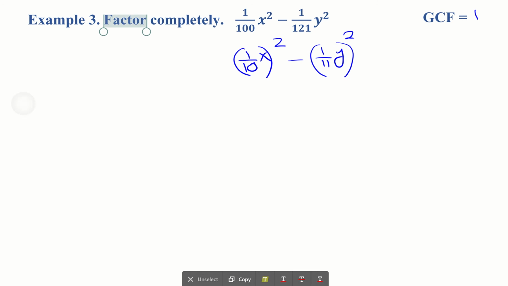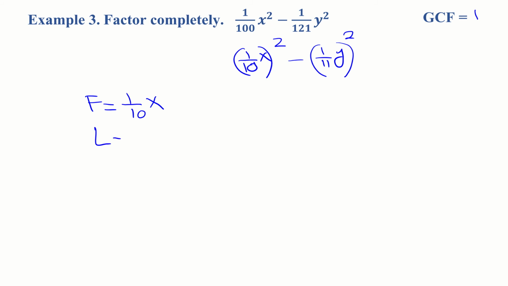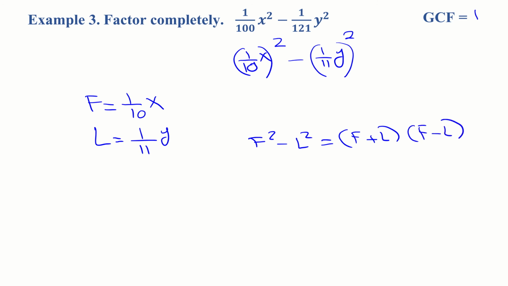So the role of f here is being played by 1/10 x, and the role of l is being played by 1/11 y. So when we go ahead and write the formula, f squared minus l squared equals f plus l times f minus l, we can go ahead and use 1/10 x instead of f plus 1/11 y instead of l.